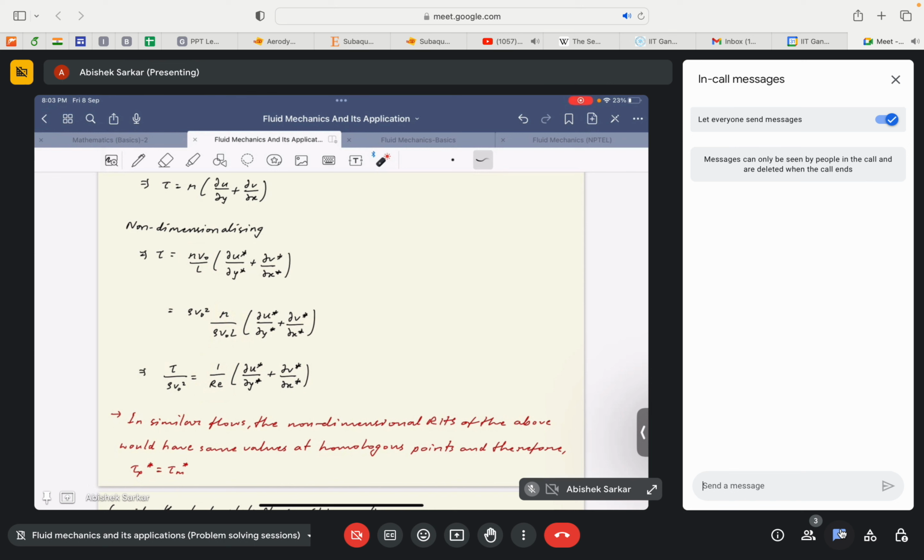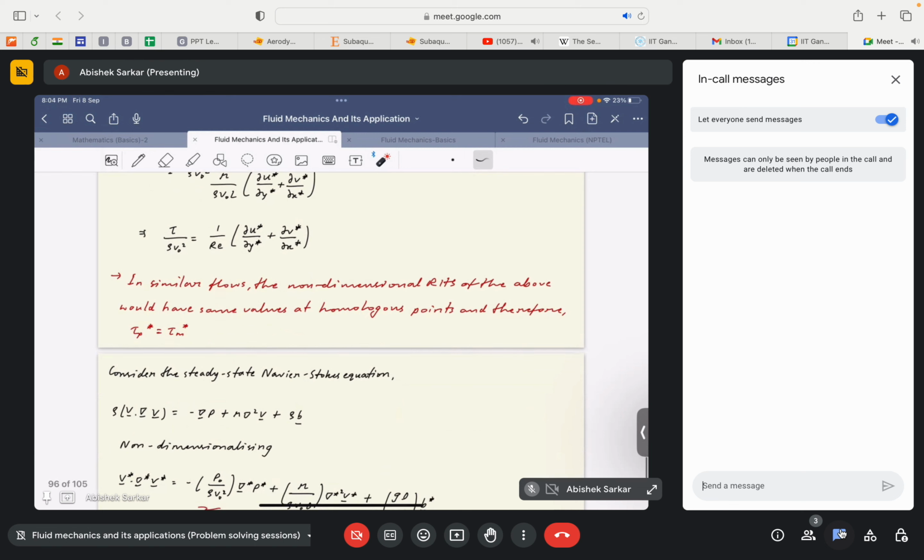So that's the usefulness of having non-dimensional numbers while conducting fluid flow experiments or even doing theoretical studies.